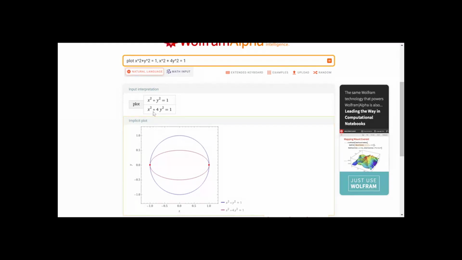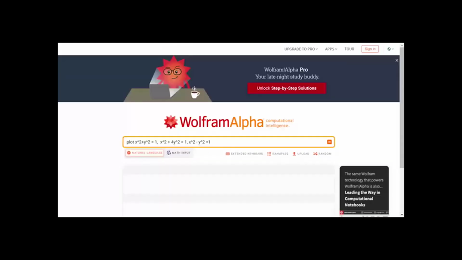Okay. So like this, we can play with many equations. I can take any equation in x and y, and I will get some plot here. So for example, let's try some random thing. Let's try x squared minus y squared is equal to 1.